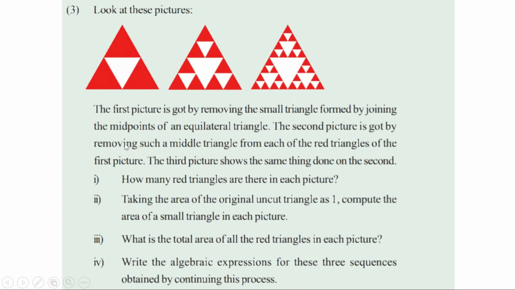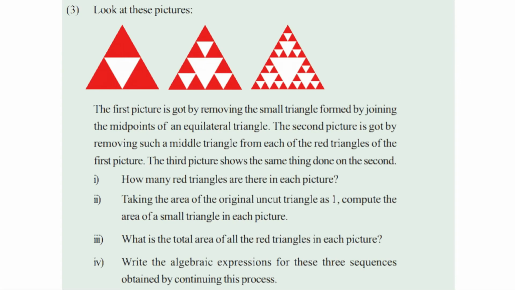Now the third problem. Look at these pictures. The first picture is got by removing the small triangle formed by joining the midpoints of an equilateral triangle. The second picture is got by removing such a middle triangle from each of the red triangles of the first picture. The third picture shows the same thing done on the second.